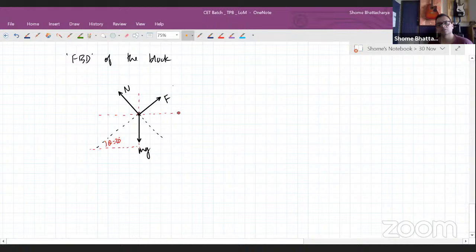So in this diagram, this angle again becomes theta. So in the first part, the block is at rest. That means the acceleration is 0.